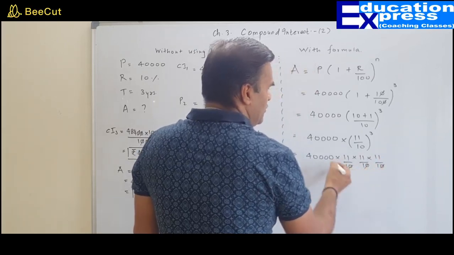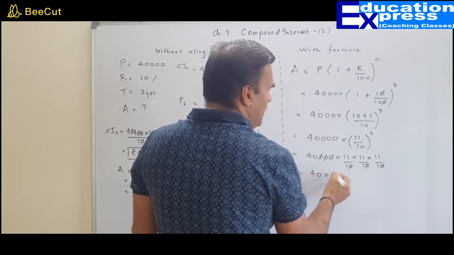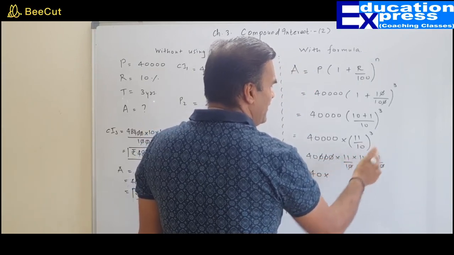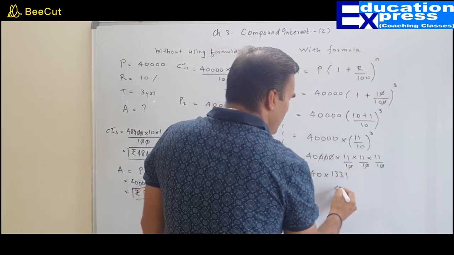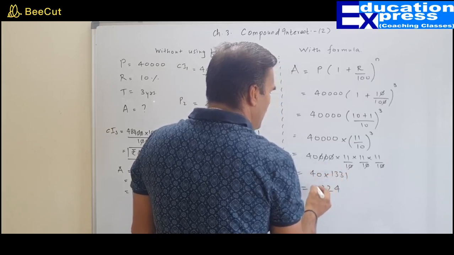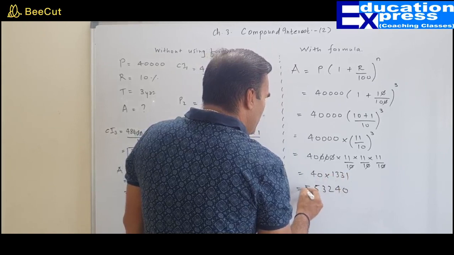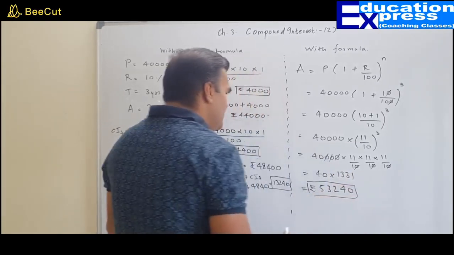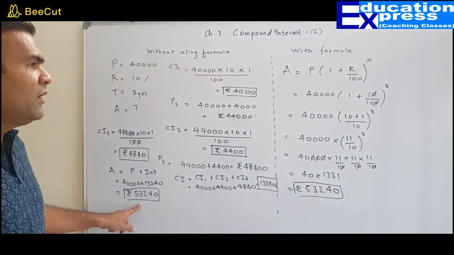The zeros cancel. Finally, we are left with 40 multiplied by 11 elevens are 121, 121 elevens are 1331. So we get our amount as 53,240, which is exactly the same.